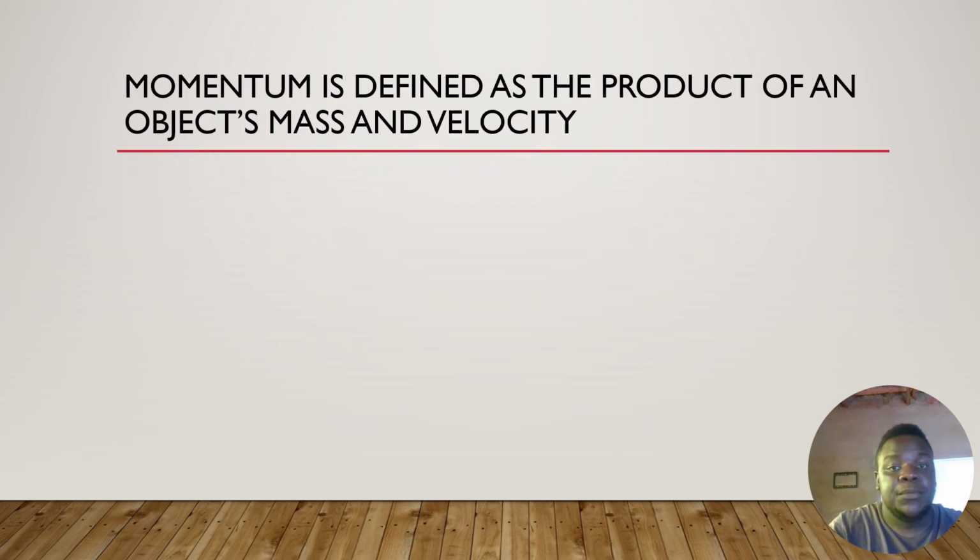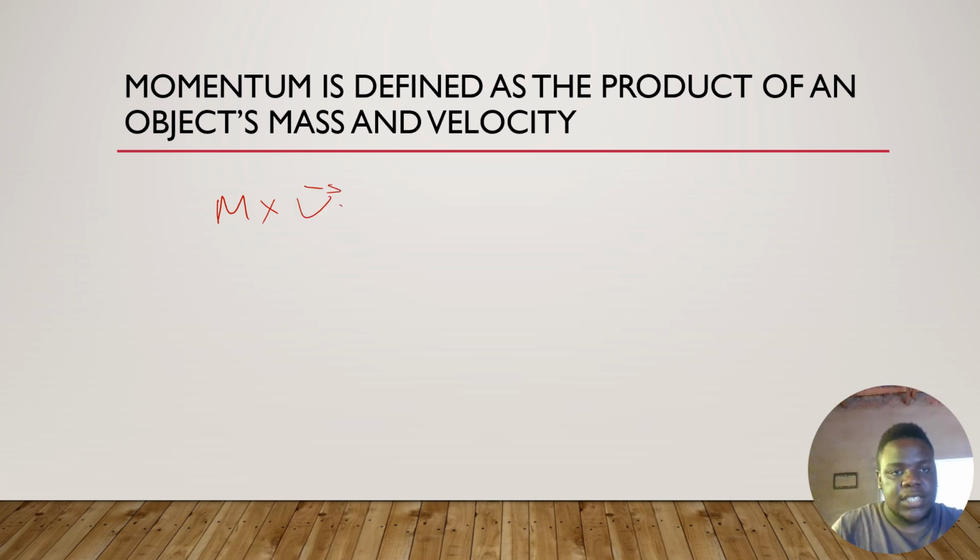Now, momentum is defined as the product of an object's mass and velocity. By looking at this definition, you can even assume the formula, because if momentum is the product of an object's mass and velocity, the formula is the product of mass and velocity.